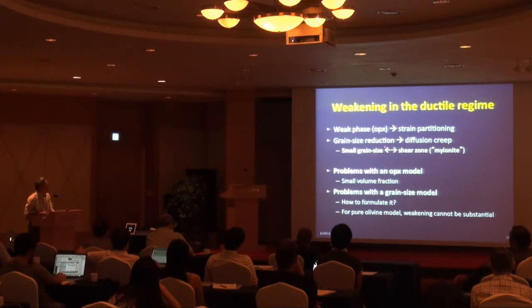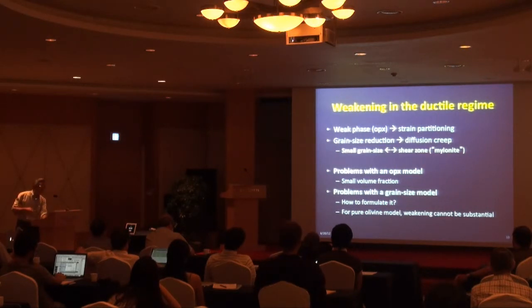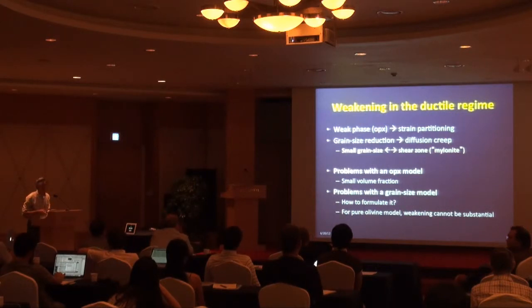And this effect could be very large, because in a grain size sensitive regime, viscosity, if you define viscosity, is proportional to grain size to the power of second or third. So it's a very large effect. And as I said earlier, in many shear zones in real Earth, we do see correlation with the shear localization and grain size reduction.